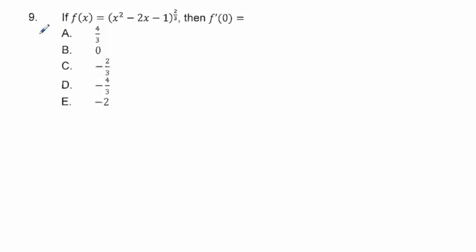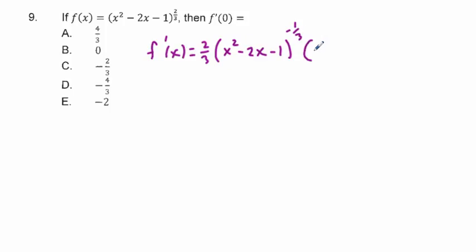Next problem, 9. If f of x equals quantity x squared minus 2x minus 1 to the 2/3, then f prime of 0 equals, well, f prime of x is going to be equal to, we take the power rule, 2/3 times x squared minus 2x minus 1, and 2/3 minus 1 is negative 1/3, and we also have times the derivative using the chain rule on the inside, so that's 2x minus 2.